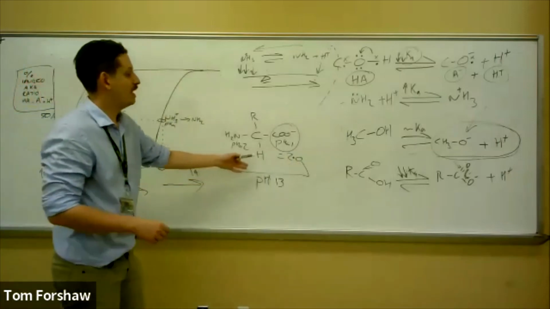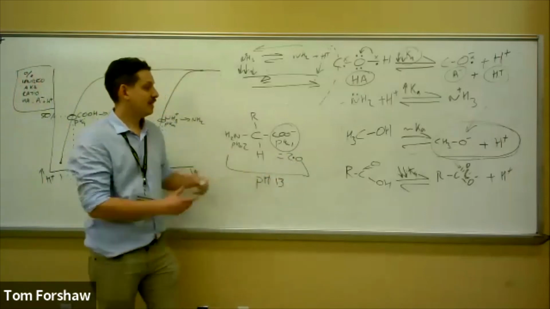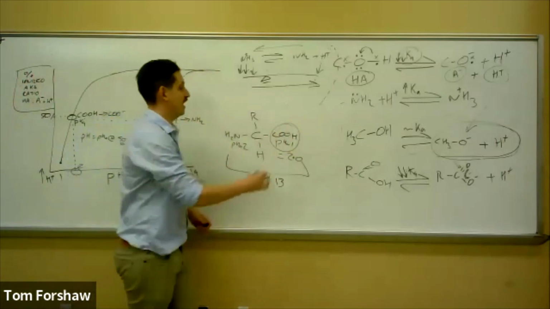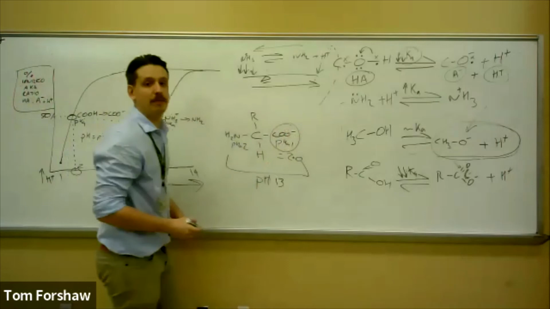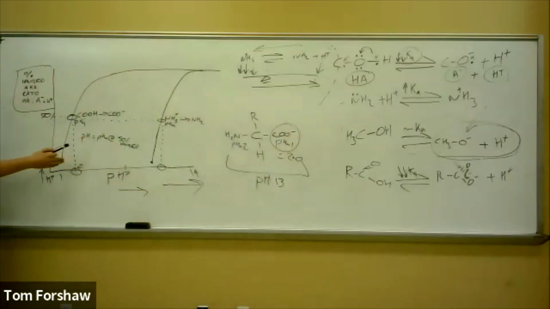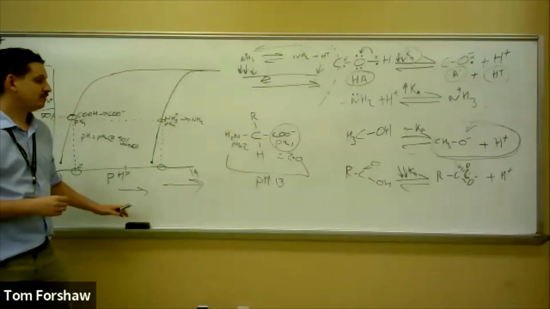You just need to remember that if the pH that I give you is below 2, then it's going to be unionized, and if it's above 2, it's going to be ionized. And that relates to this graph which I drew here, because above pH 2 it is greater than 50% ionized, and so we'll draw it like this.